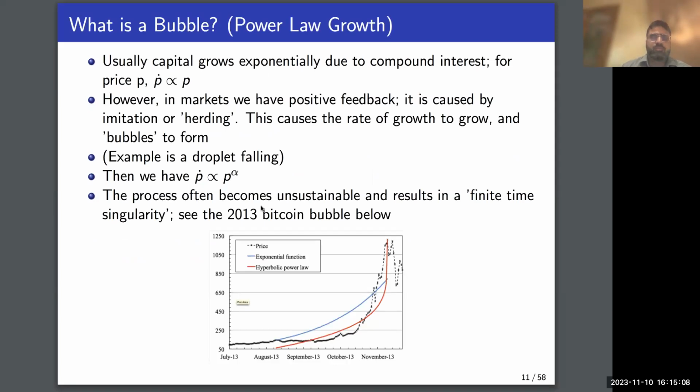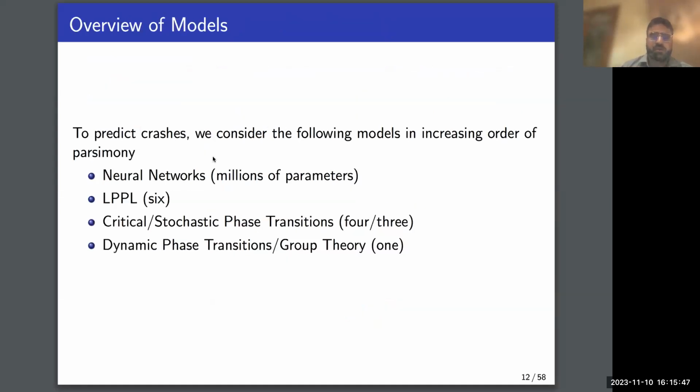Usually in markets, capital grows exponentially due to compound interest, but because of imitation or herding, there are positive feedback effects in markets, which result in, instead of P dot proportional to P, P dot proportional to P to the alpha, right? And the result is that you have these power law growths, or in some sense power law decays, and this process usually becomes unsustainable, and it results in a finite time singularity at some point, resulting in the crash.